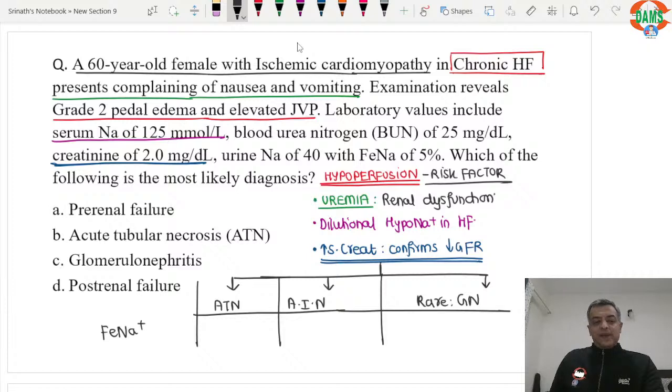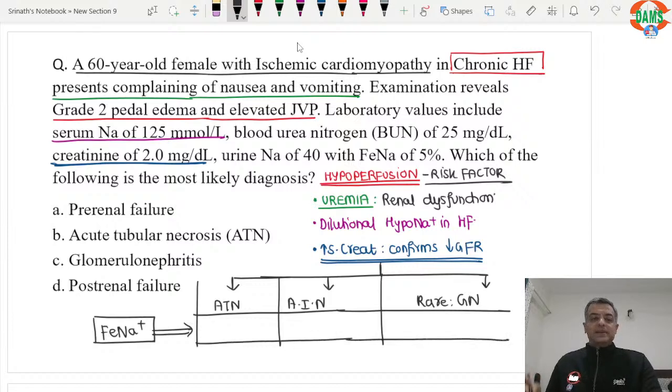FeNA is the fractional excretion of sodium in the urine. What will be the value which can help detect the site of the AKI, because pre-renal is also there? So what we will say? In ATN, the FeNA is more than 4%.